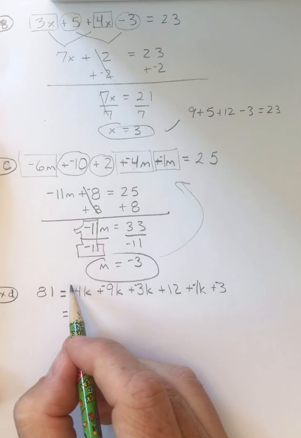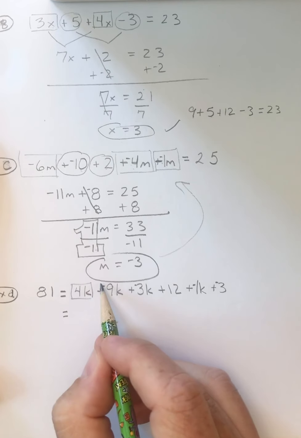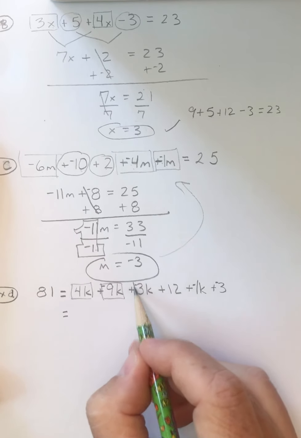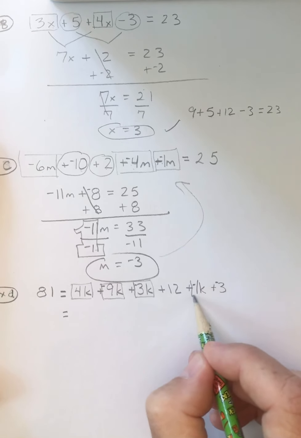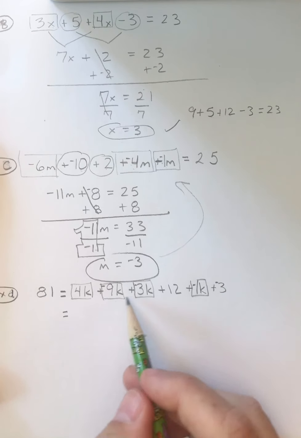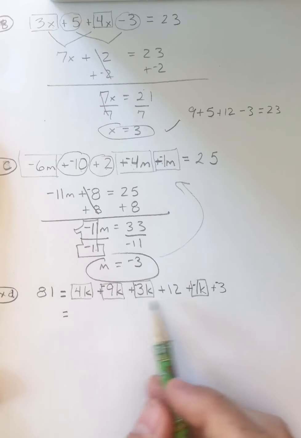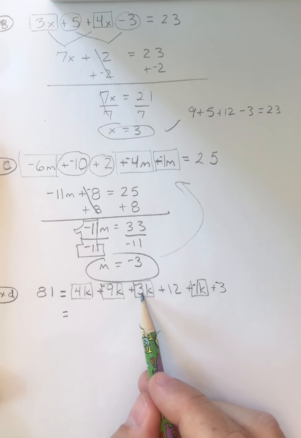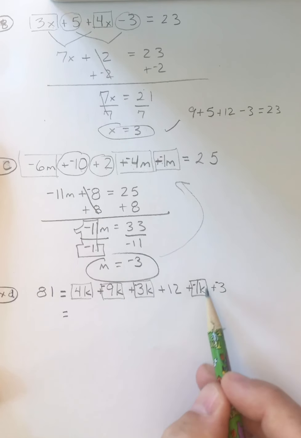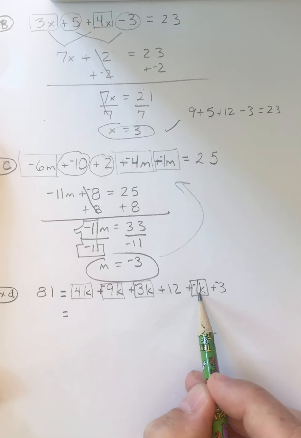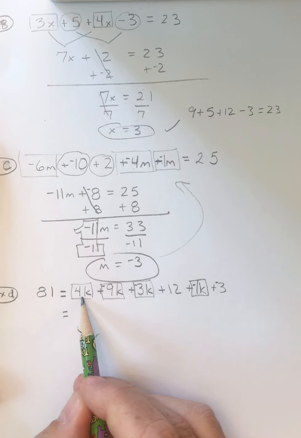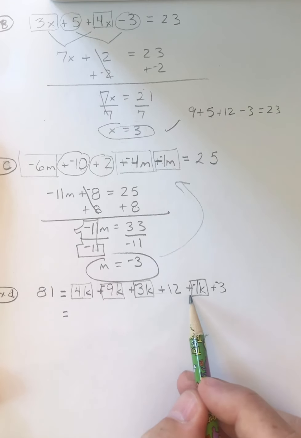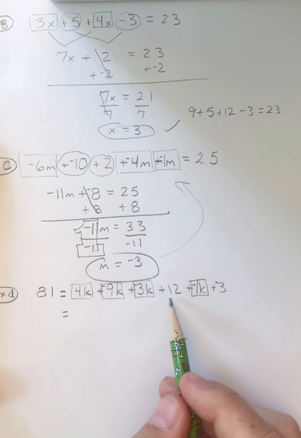Now I'm going to combine all these like terms, all the variables with k in them, and add their coefficients. Negative 3 and negative 1, that's negative 4k, and 4k plus negative 4k, well those all cancel out, that's 0k.